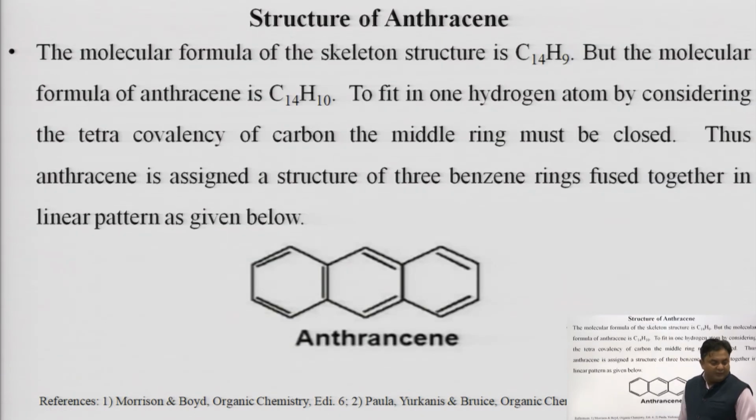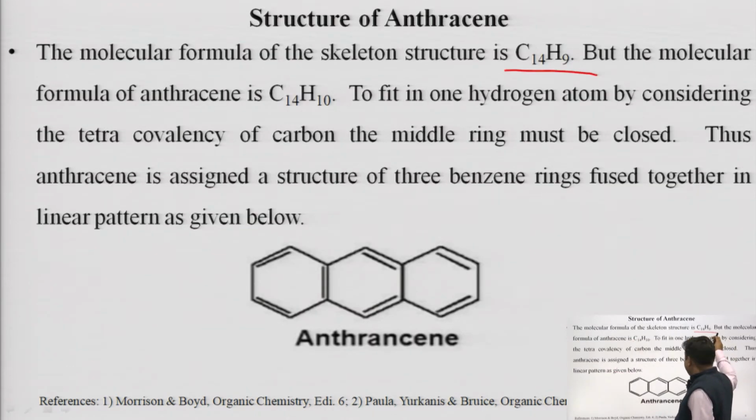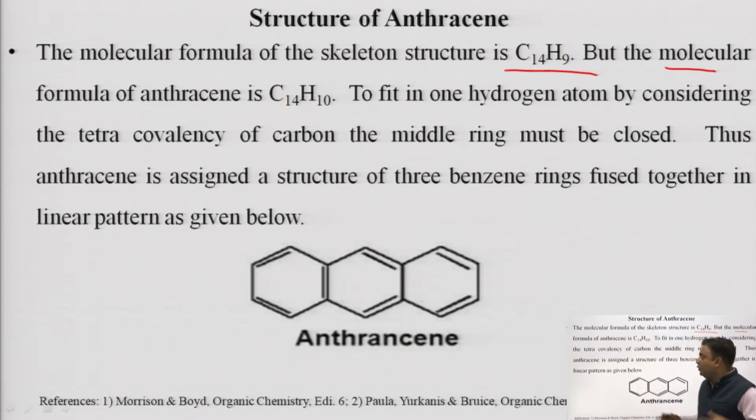Now the molecular formula as per this structure is C14H9, but the molecular formula of anthracene, as we have already found, is C14H10. So to make that molecular formula, we just add 1 hydrogen and close that ring here.